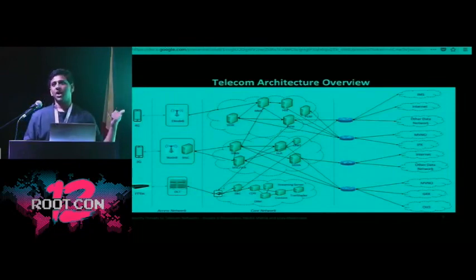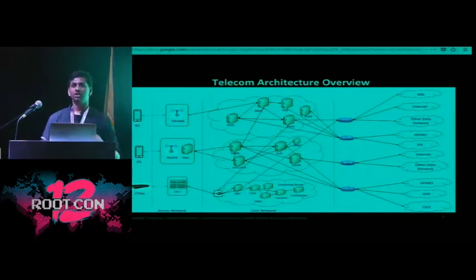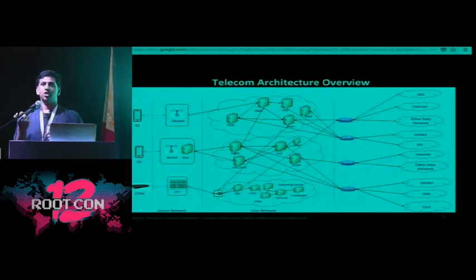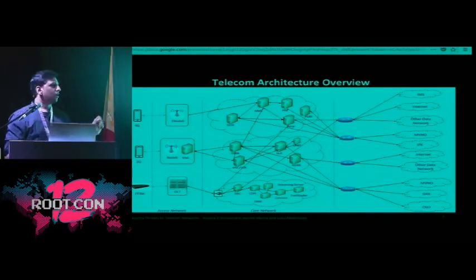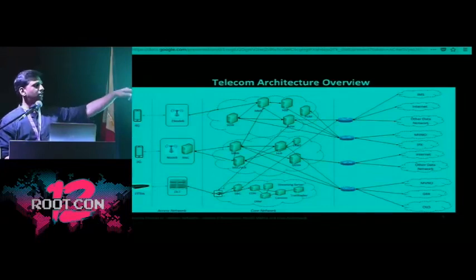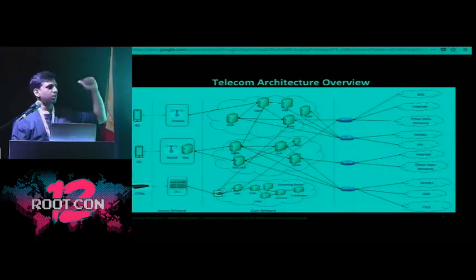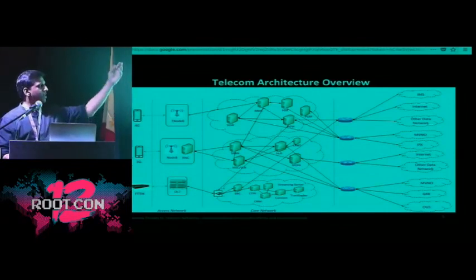IMS is a platform which is used for VoLTE calls. Whenever you place a VoLTE call, your call will first reach the IMS P-CSCF node, and then it will be internally routed and go out from the SBC. The key nodes to look at, as we discussed in the acronyms, are MME, SGW, HLR, CRBT, MSC.